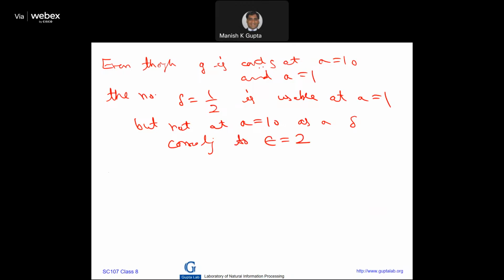Epsilon is fixed here, okay? Epsilon is fixed. g is continuous both at the point a equal to 10 and at the point a equal to 1, but the same delta is not working for both cases, you see, right?